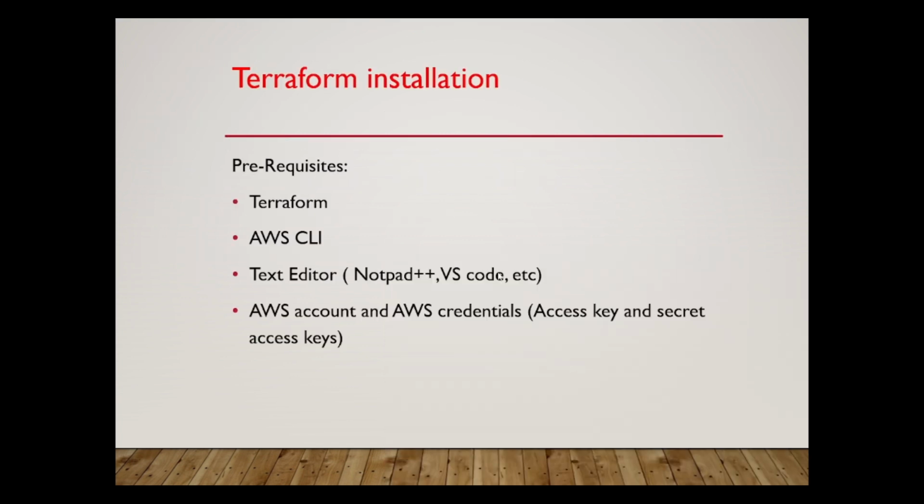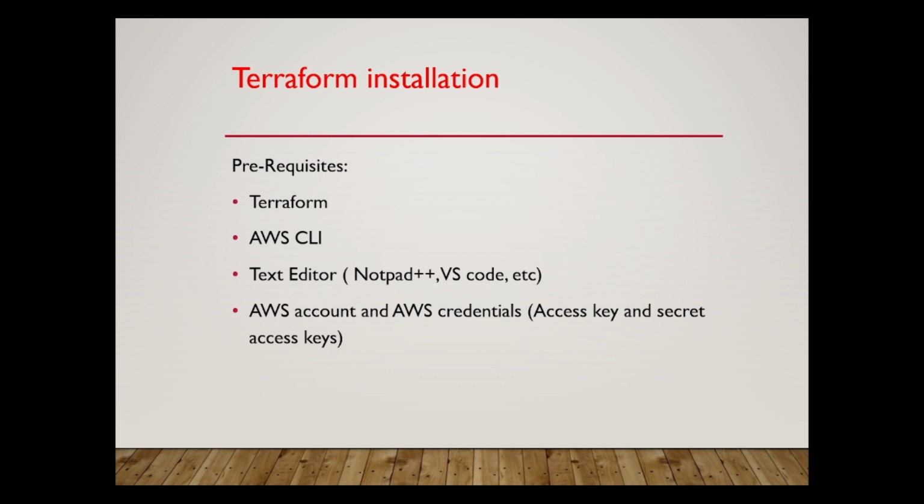Next is Terraform installation. To install Terraform and work with our AWS cloud, we need some prerequisites. First is Terraform installation on our Windows machine. Then the AWS CLI, the command line interface, to connect our local machine to our AWS account. Then any text editor, and then AWS credentials.